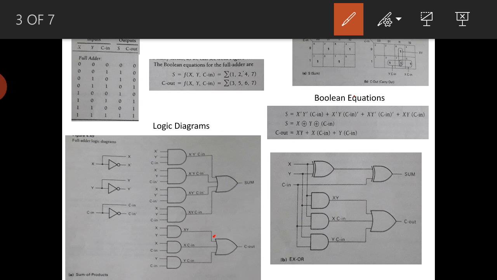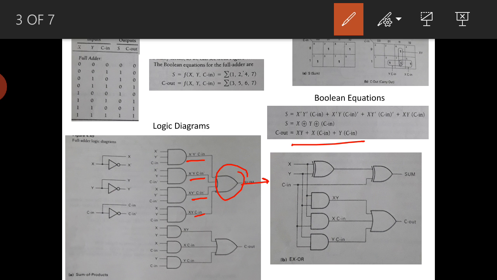Here is one way: as there are 4 terms for sum, we use 4 AND gates, one for each term, that is x bar y bar cin, meaning 0 0 1, then 0 1 0, 1 0 0 and 1 1 1. All these 4 expressions are added together with an OR gate.